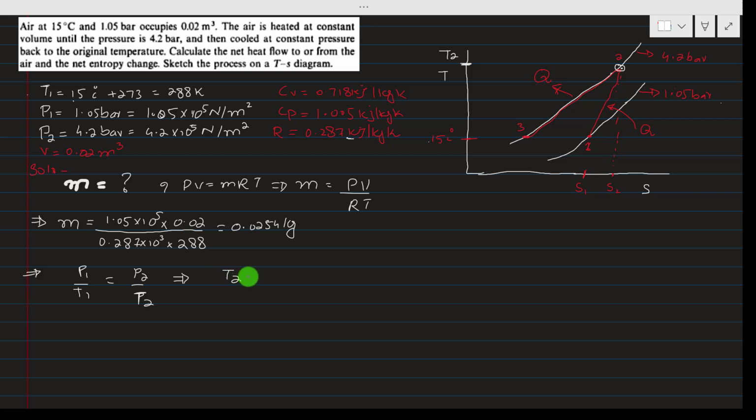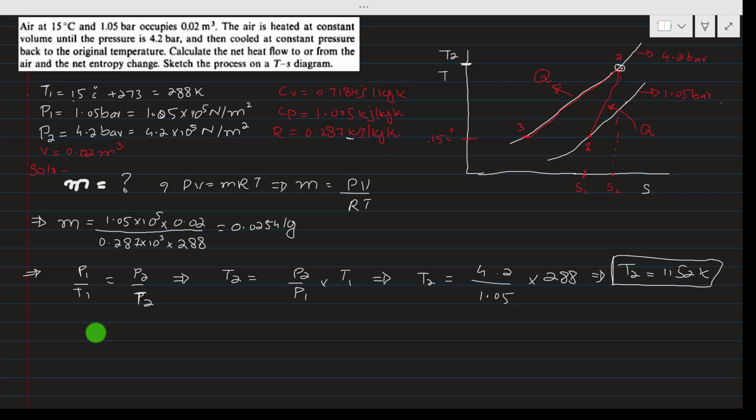Now the expression for T2 will be 4.2 divided by 1.05 multiplied by T1, that is 288. The final value of T2 you will get is 1152 Kelvin. The next thing we need to do is find the heat that is added from process 1 to 2.